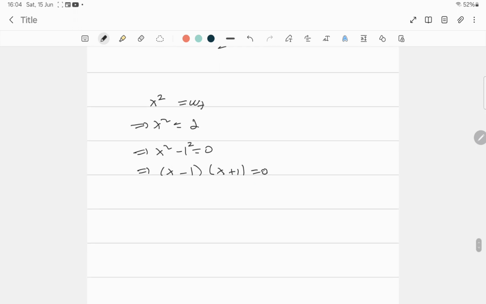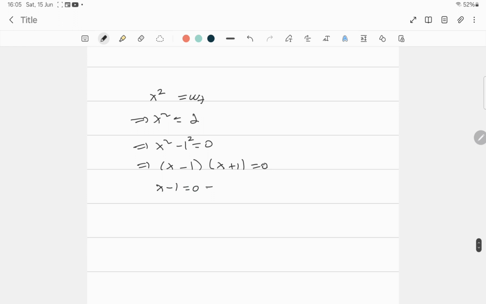It's a double bracket equation. x minus 1 is equal to 0, x is equal to 1. x plus 1 equal to 0, x equals minus 1. But this is rejected because x is a length. x is a strictly positive quantity. So I keep this one.